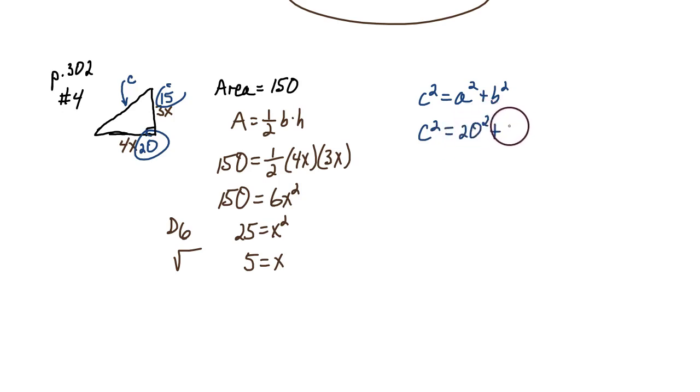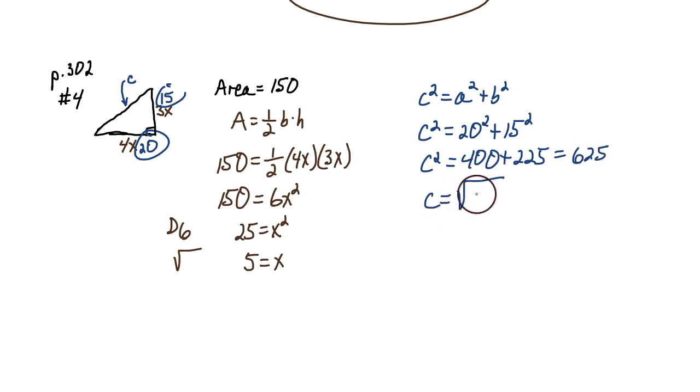And for the letter B, fill in the 15. Then find out this answer. 20 squared is 400. 15 squared is 225. So that makes 625. Now take the square root to get the letter C alone. Again, I'm not going to do a negative square root because the side of a triangle can't be negative. The square root of 625 is 25.